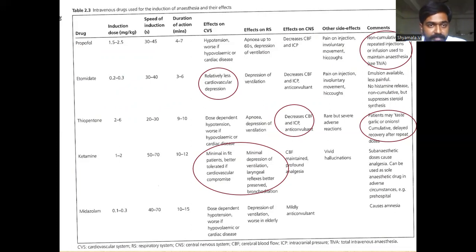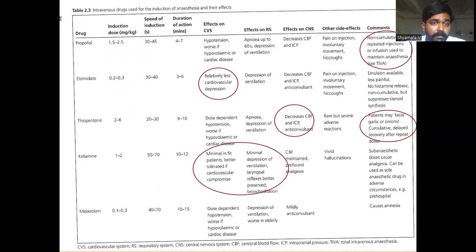Midazolam is most commonly used for patients who come in with seizures. It also has a mild anticonvulsant effect, but is most commonly used to sedate the patient as an anti-anxiety drug. For patients on the ventilator who are elderly and aggressive, we use midazolam to calm them down.